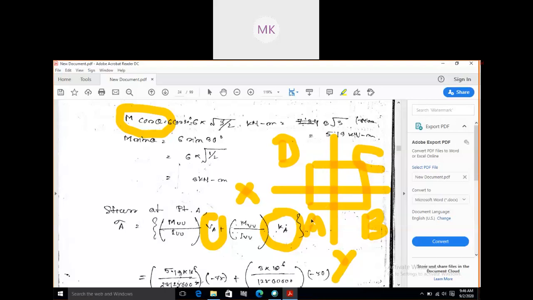Here you see, our A point is in which coordinate? Can anyone say? Third, okay, fine, third coordinate. So in the third coordinate, what is the sign?